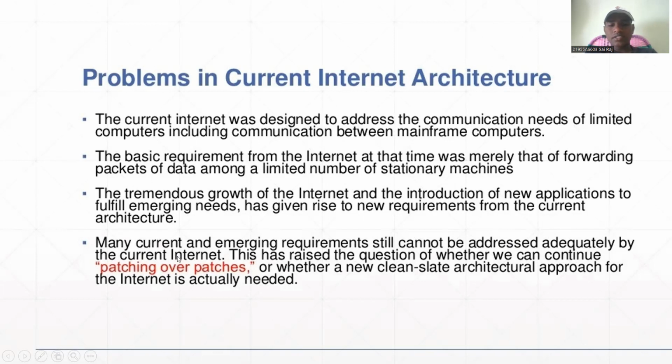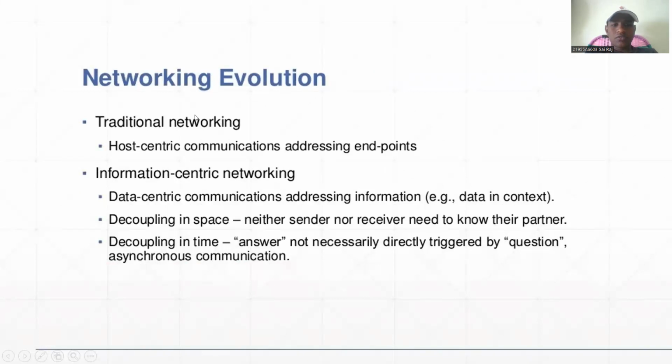This has raised the question of whether we can continue patching over patches, or whether a new clean-slate architectural approach for the internet is actually needed. Networking evolution. Traditional networking is host-centric, with communications addressing endpoints.